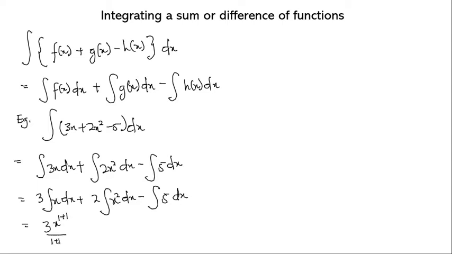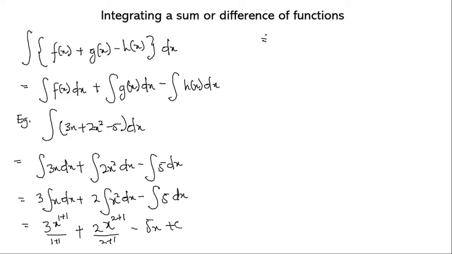the new power, which is 1 plus 1, then plus, this is 2 already here. If we integrate x squared, we add 1 to the power, and then we divide by the new power, then minus, we have just a constant over here, so we add x to it. Okay, so it means we've integrated everything we have over here, so we add c to it.